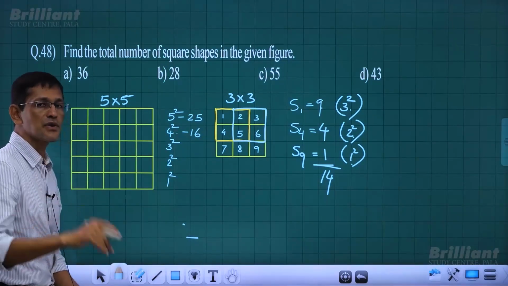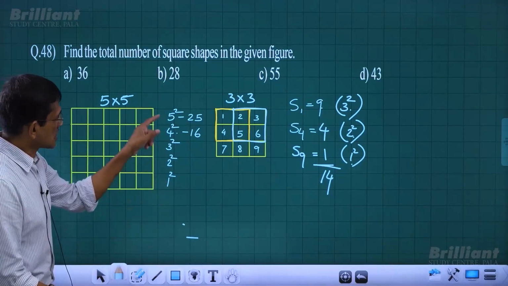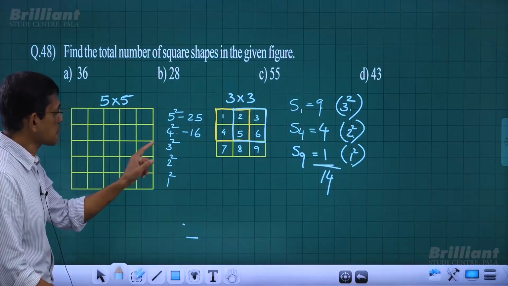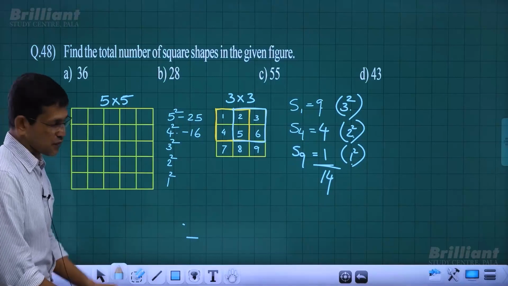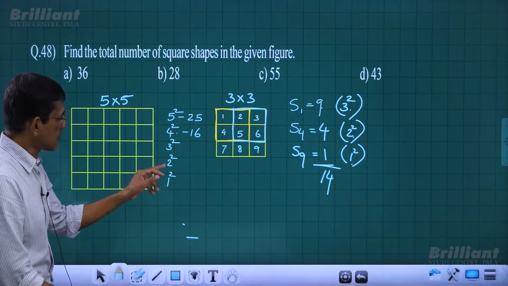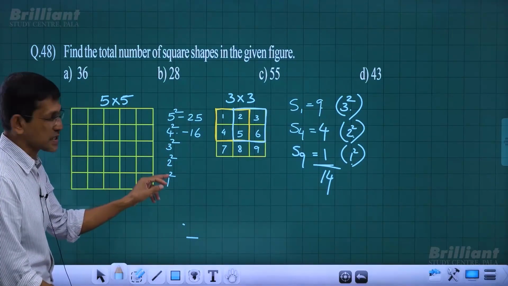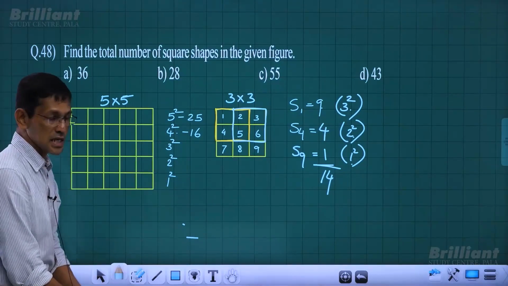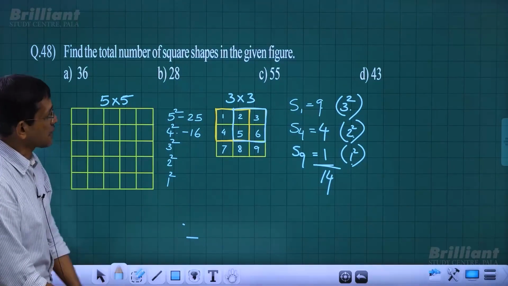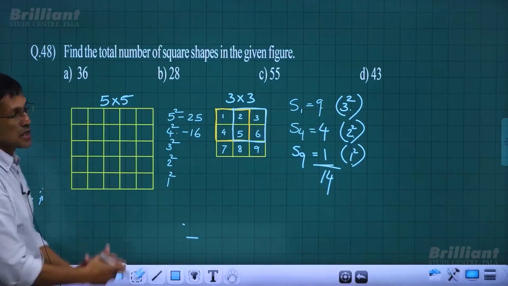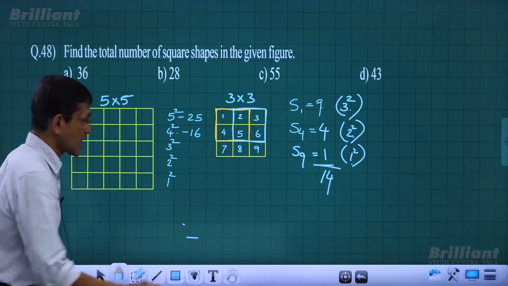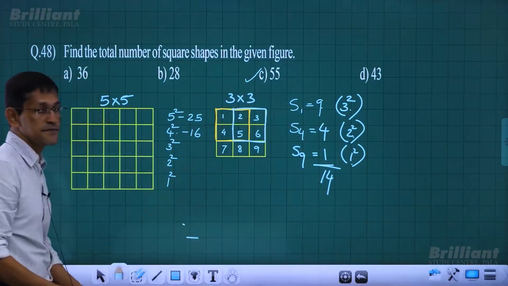So you don't need to count it, but you get the answer. So it is 5 square plus 4 square plus 3 square plus 2 square plus 1 square. When you add, 1 plus 4 is 5, 5 plus 9 is 14, 14 plus 16 is 30, 30 plus 25, 55. So how many squares are here? 55 squares. The answer is 55.